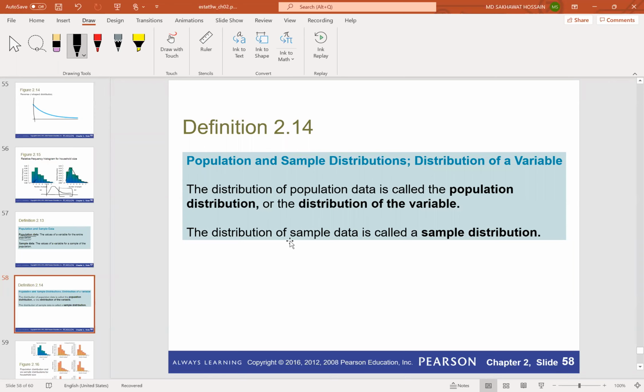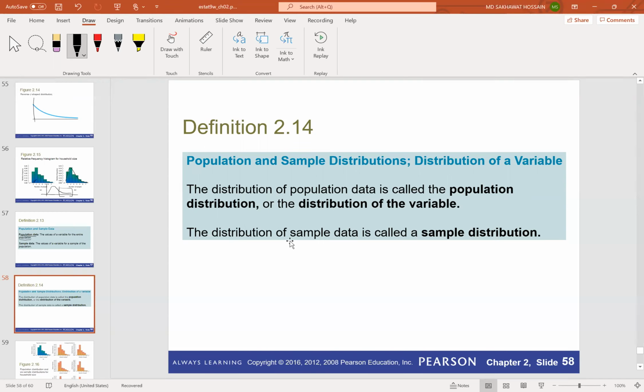So for example, if we are interested in the height of all US adults, then all the heights of US adults will be our population data. And if you construct the distribution for the heights of all US adults, then that distribution will be called the population distribution for that data, or the distribution for the variable height of US adults.